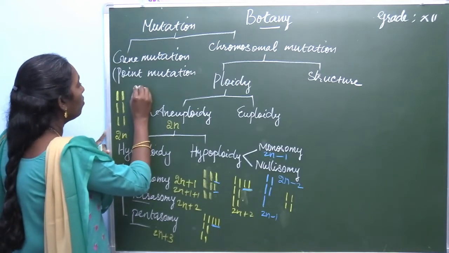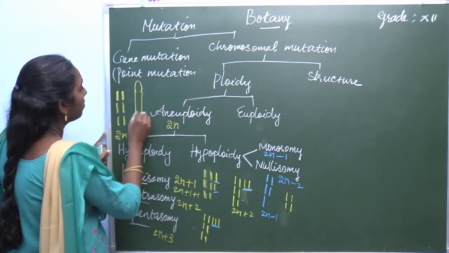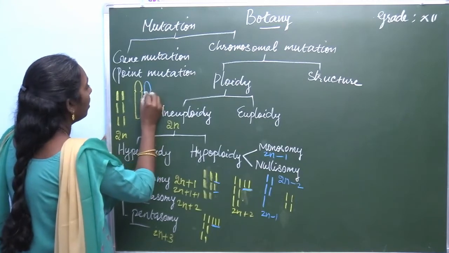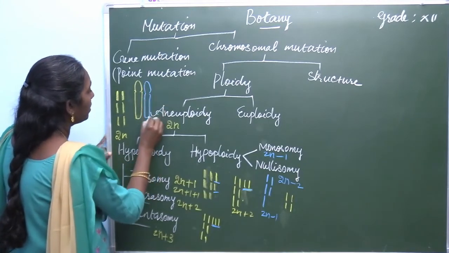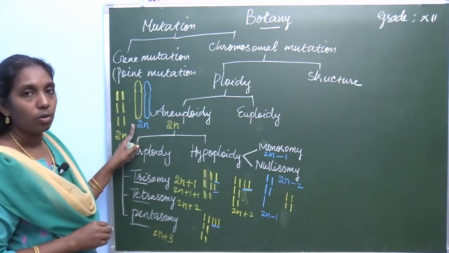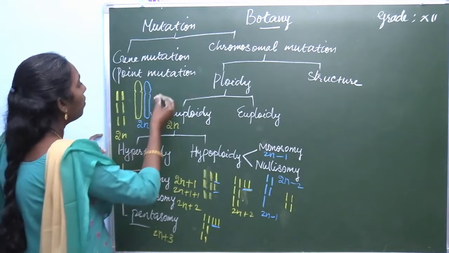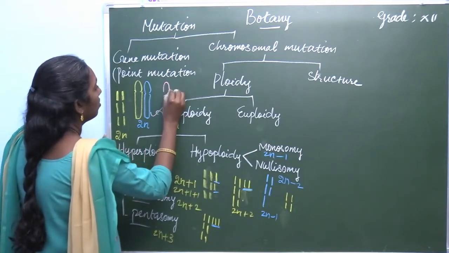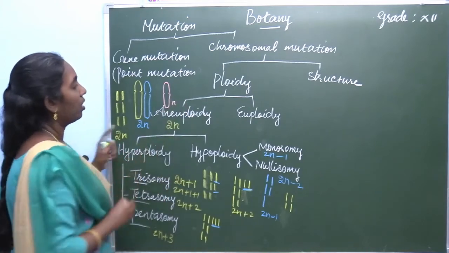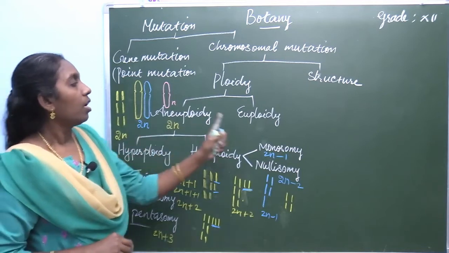Here is the homologous chromosome derived from maternal and another derived from paternal. So this is a diploid set, 2n. Haploid set is n.